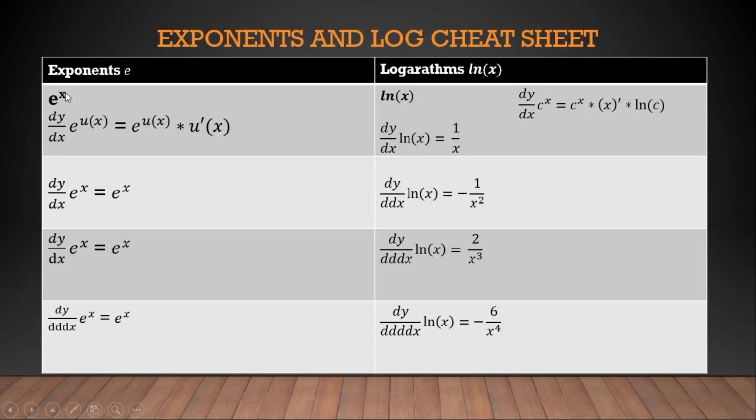So we're going to say the derivative of e to the power u of x is equal to e to the power u of x multiplied by the derivative of the function on the top. The derivative of x is always 1, so 1 multiplied by this function is going to be this.